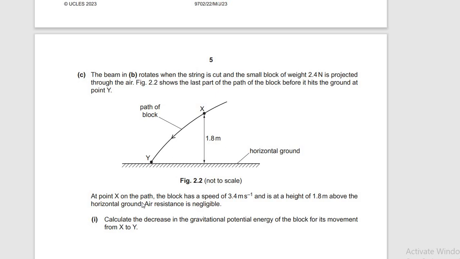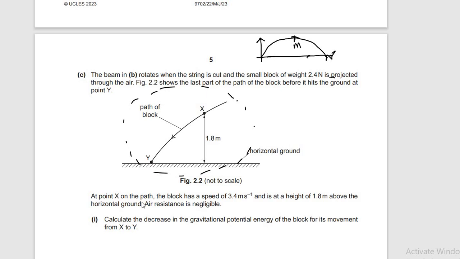You know, the block will fly off, as in they use the word "projected," which means that it moves up like this before coming down when it reaches maximum height. So this is the part the question shows, MN. This part is when the 2.4 Newton block is coming back. That's the one they show us.